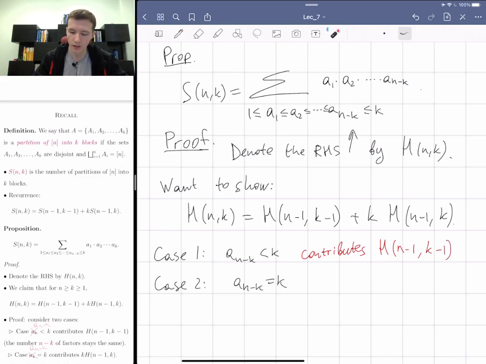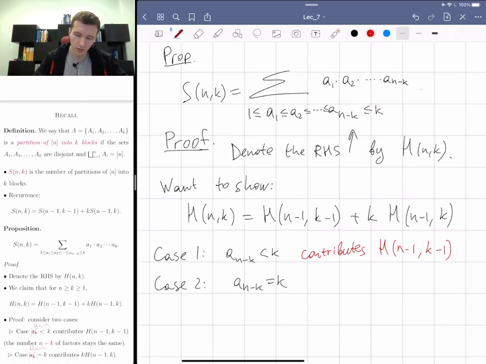Again, the length of the sequence is n minus k, which is the same here. So if your last number is strictly less than k, then the same sequence would appear if we had k minus 1 instead of k. And we would get all sequences this way.